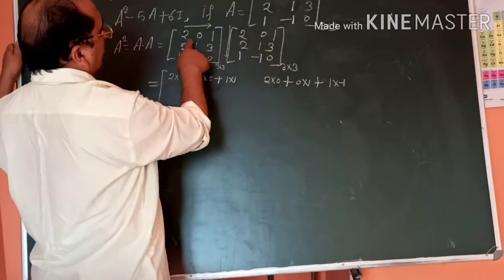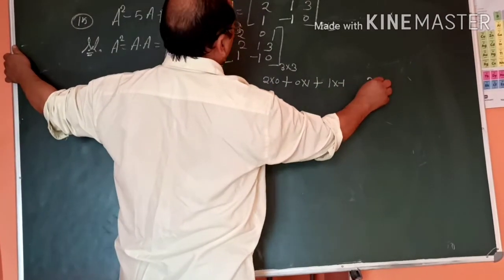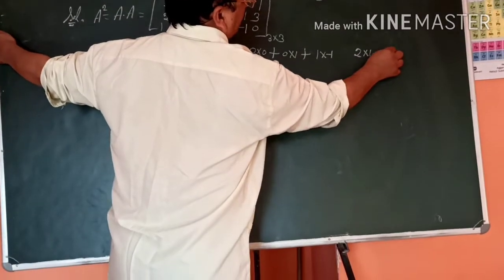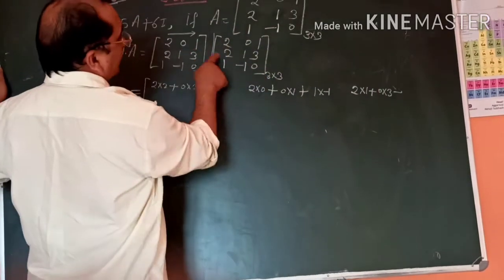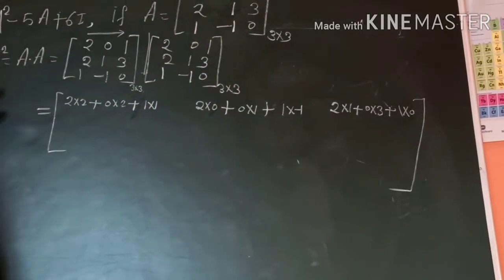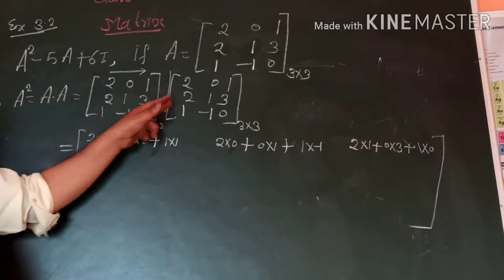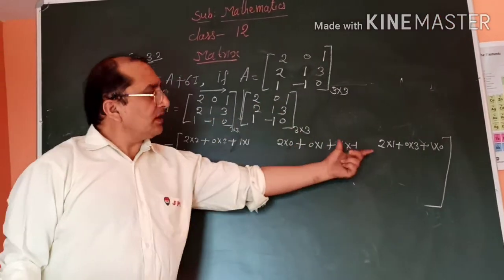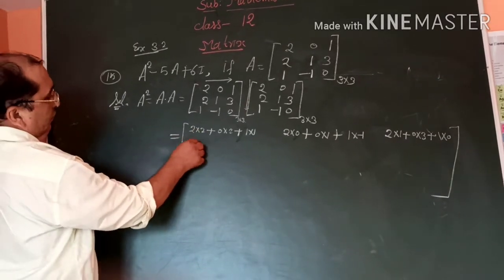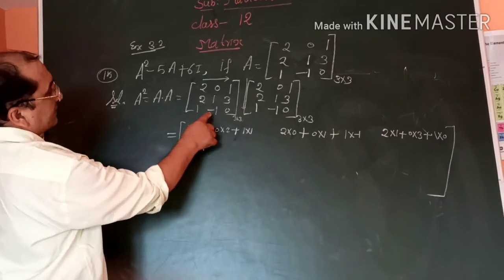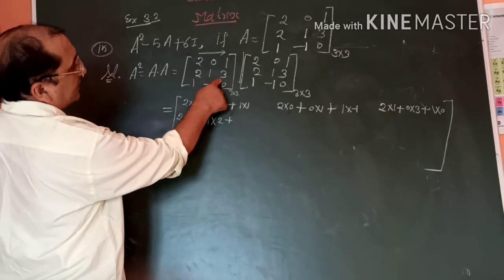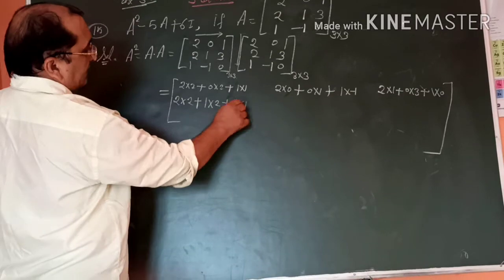Then first row, third column: 2 into 1 plus 0 into 3 plus 1 into 0. Then second row, first column: 2 into 2 plus 1 into 2 plus 3 into 1.